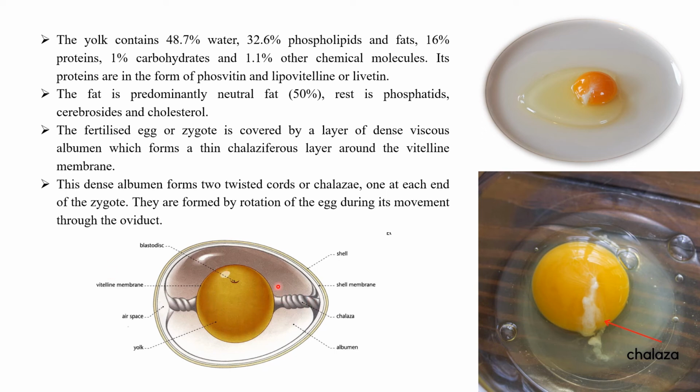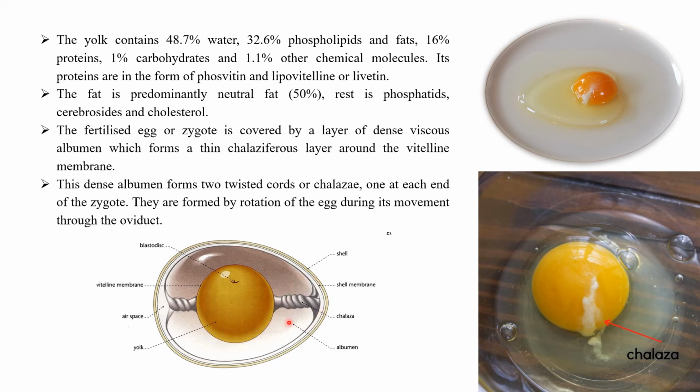See, immediately after the vitelline membrane, there will be a very thin structure called the chalaziferous layer, which is composed of dense viscous albumin. And on either side of the yolky mass, this dense albumin forms two twisted cords or chalazae.